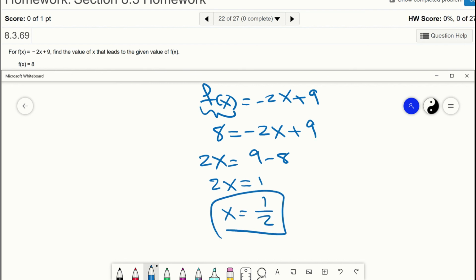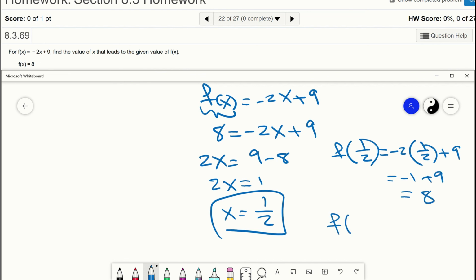1/2. If you have some extra time on your hands, you want to make sure this makes sense. Just evaluate f of 1/2 and see if it'll give you 8. Look, f of 1/2, wherever you see x, plug in 1/2 instead, right? So -2 times 1/2 plus 9. So that's -1 plus 9, which is 8.